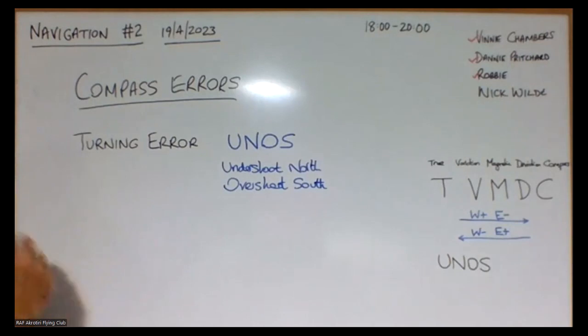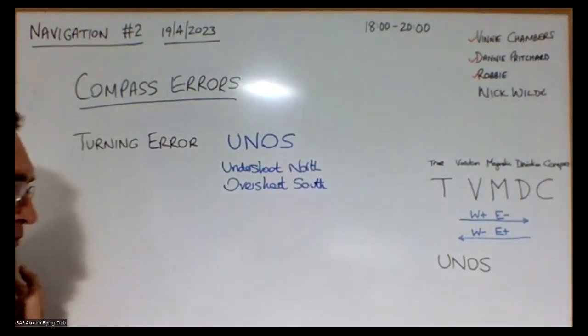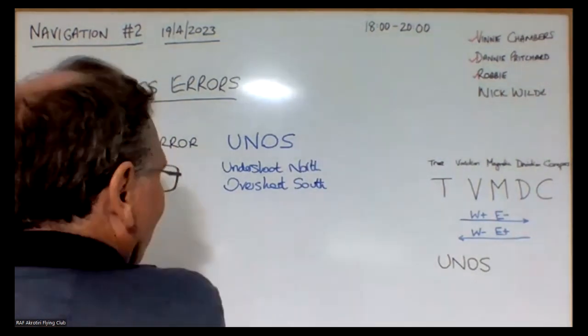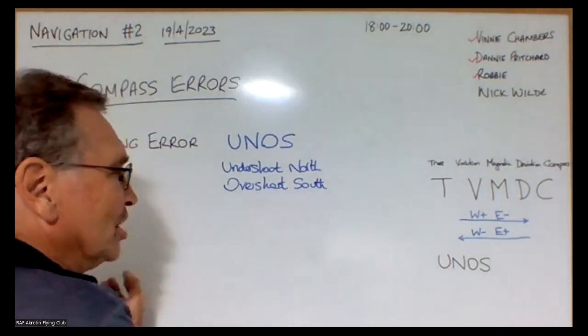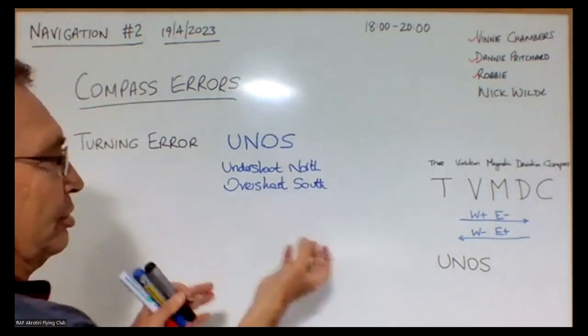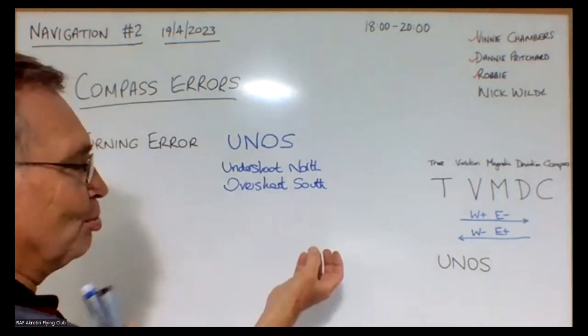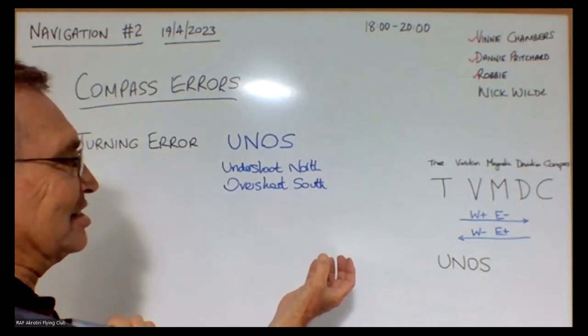What that means is if I want to turn onto north using my compass, I have to undershoot it. In other words, I have to stop before I get to north. And as I stop before I get to north, the compass will move about another 15 degrees.